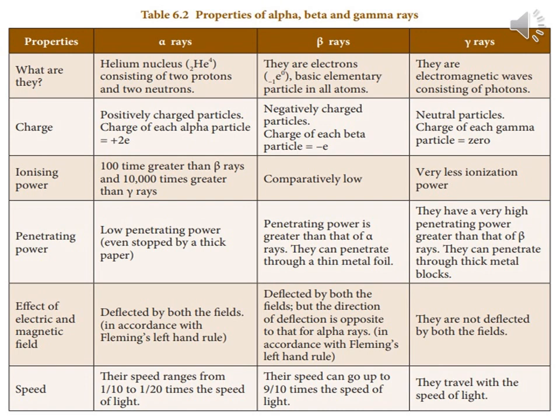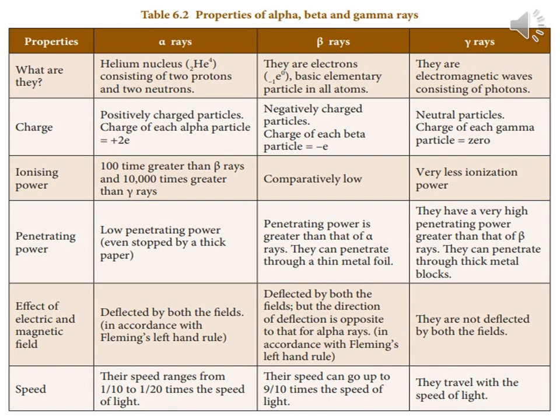Gamma rays are electromagnetic waves consisting of photons. Alpha particles are positively charged particles having 2 units of charge on each alpha particle. Beta rays are negatively charged particles with charge of 1 electron on each beta particle.